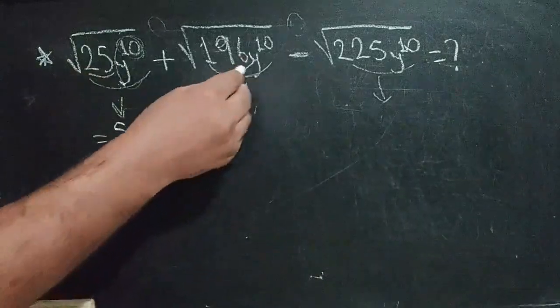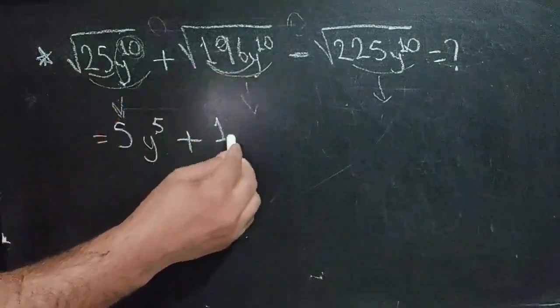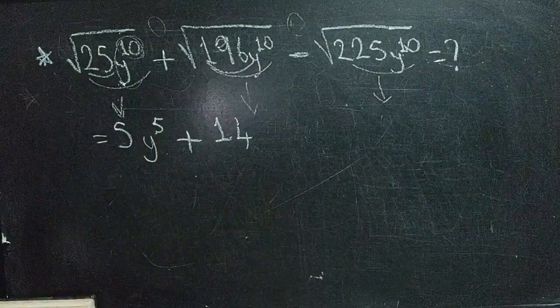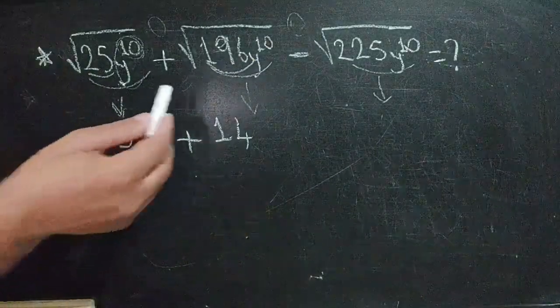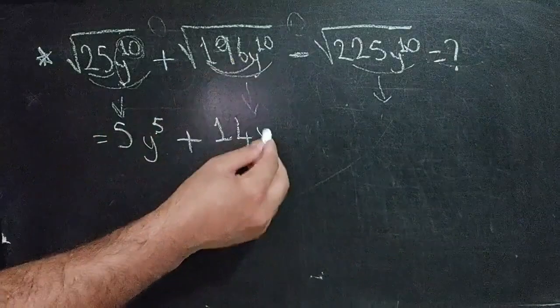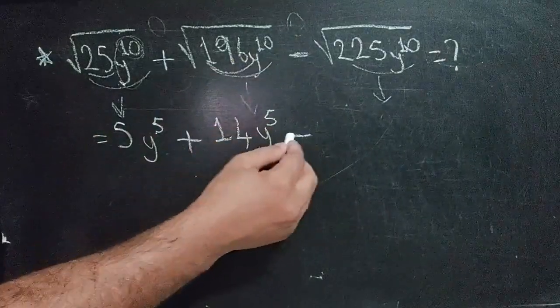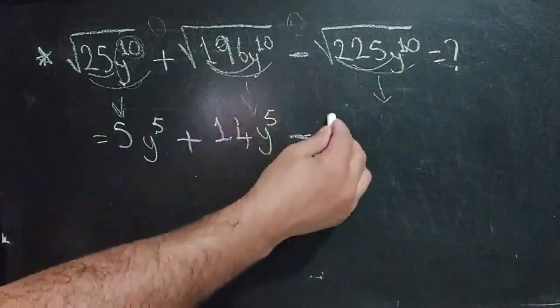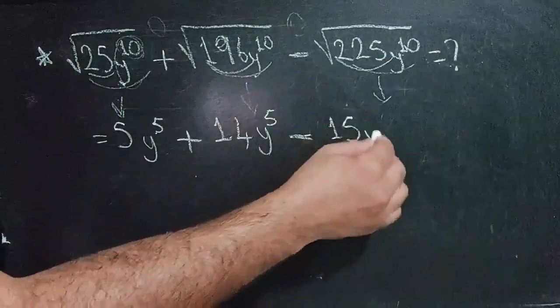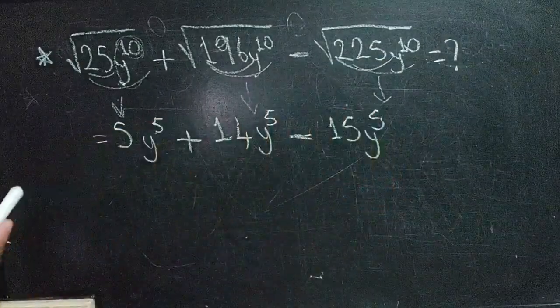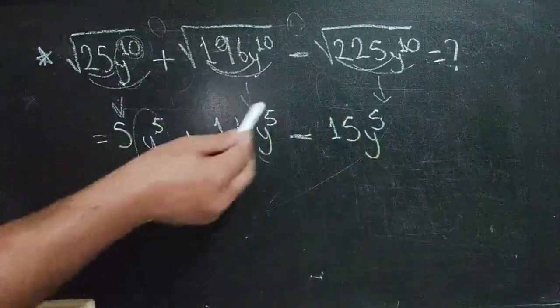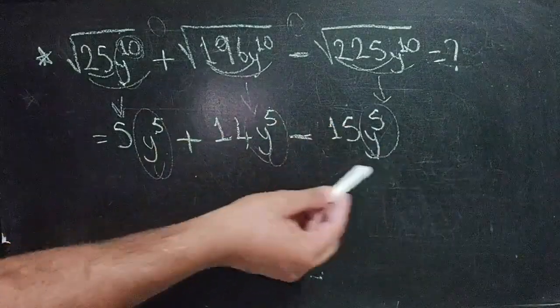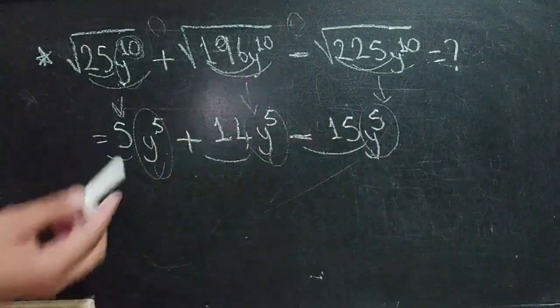Plus 196 is square of 14. That's why it will come out of the square root as 14. And this one will be y power 5. Minus 225 is going to be 15 y power 5. Now I see these letters are the same. That means I can do operation with coefficients.